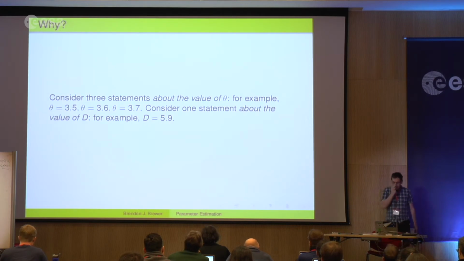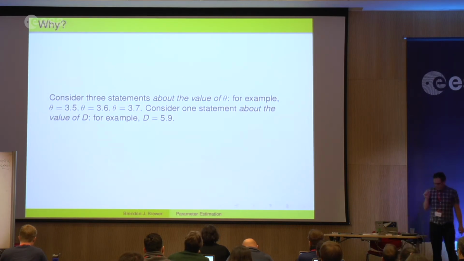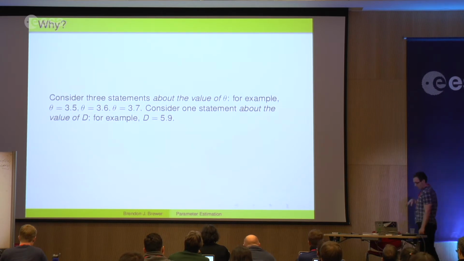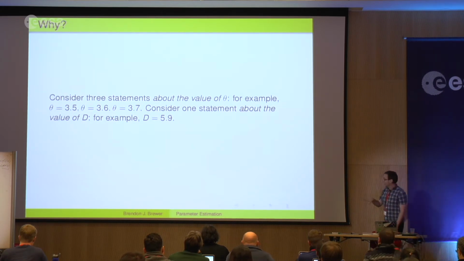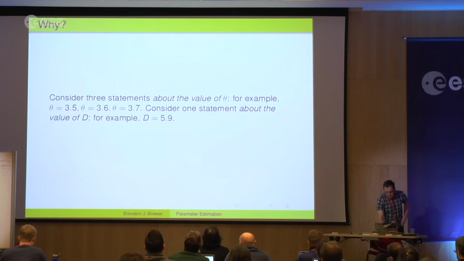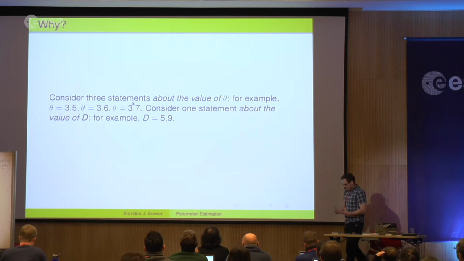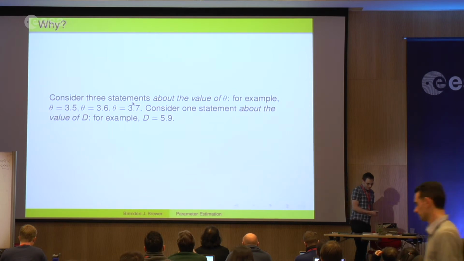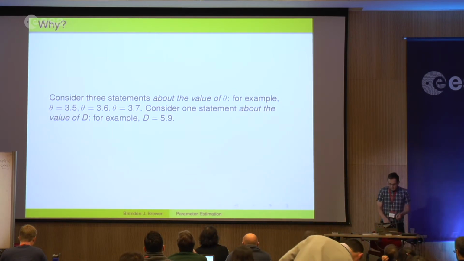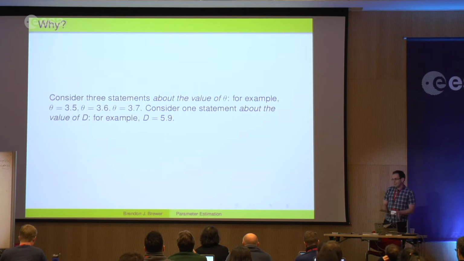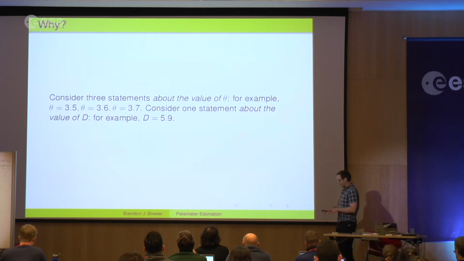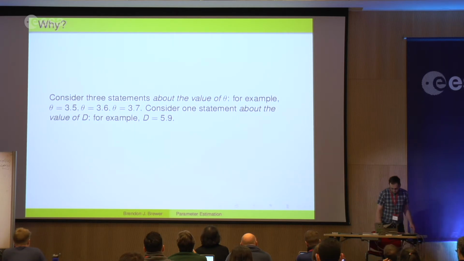So just to make the connection between the questions you did in part one and the parameter estimation setup, which we're doing now with this prior distribution and posterior distribution and likelihood function, is that when we're doing parameter estimation or just estimating an unknown quantity in a Bayesian way, what we're really doing is considering mutually exclusive and exhaustive propositions, so alternative possibilities for the value of the unknown.